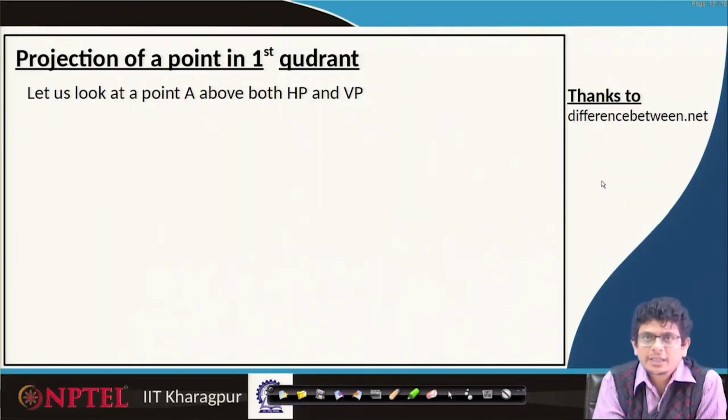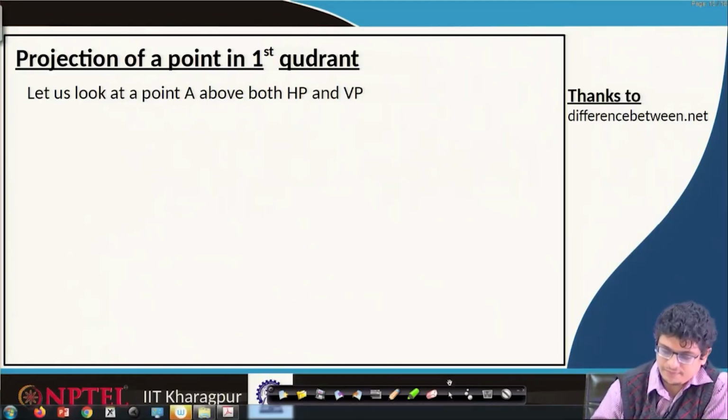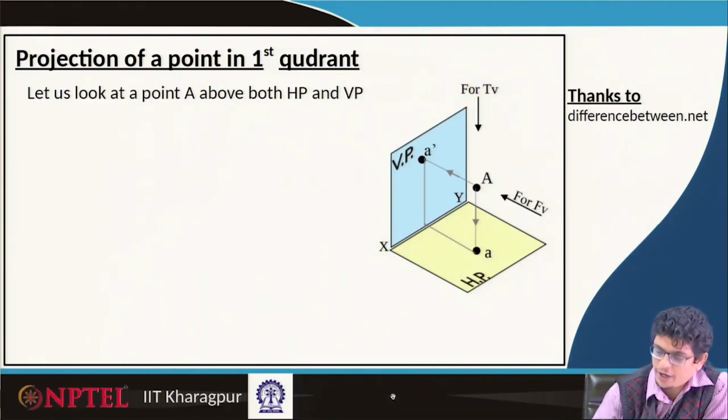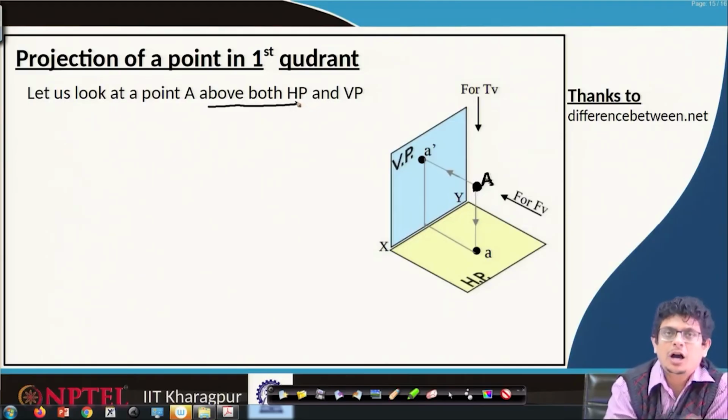So, let us look at these projections of points on different quadrants, especially in the first quadrant. If point A is above both horizontal plane and vertical plane. So, to summarize that, any point you pick, A, which is above both horizontal plane and vertical plane.